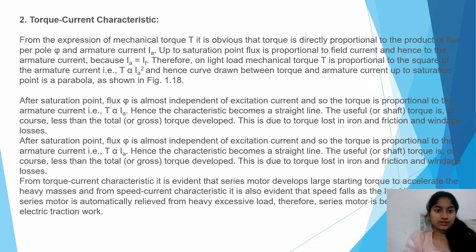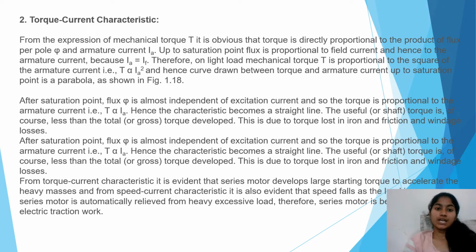Torque current characteristics. From the expression of mechanical torque T, it is obvious that torque is directly proportional to the product of flux per pole and armature current Ia. Up to the saturation point, flux is proportional to field current and hence to the armature current, because Ia equals If.